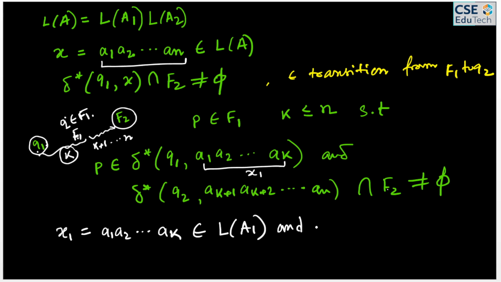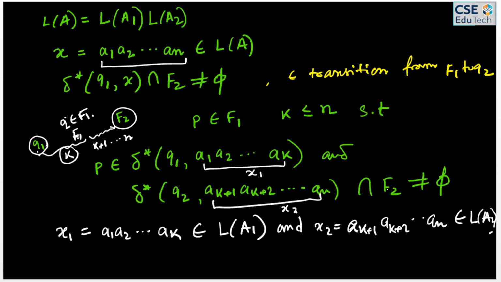And X2, which is Ak plus 1, Ak plus 2, up to An, belongs to the language accepted by automaton A2. So we can say that X, equal to X1 followed by X2, belongs to the language L: the first string X1 is accepted by A1, and X2 by A2.